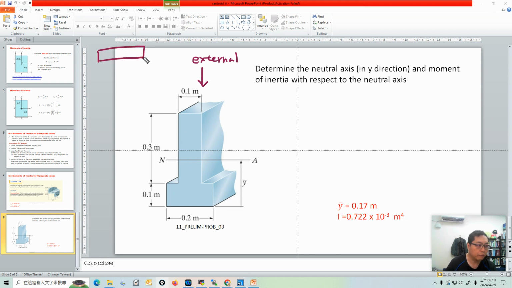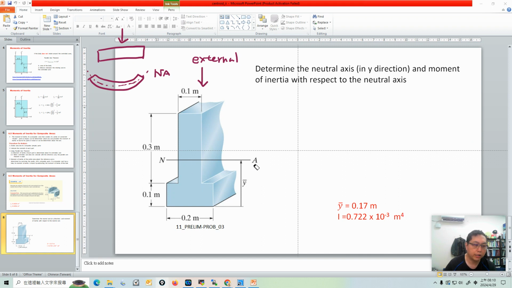Maybe this is the graph: you push a force here, it starts to bend, and here is your neutral axis. So we consider the horizontal neutral axis. We don't consider the vertical neutral axis.